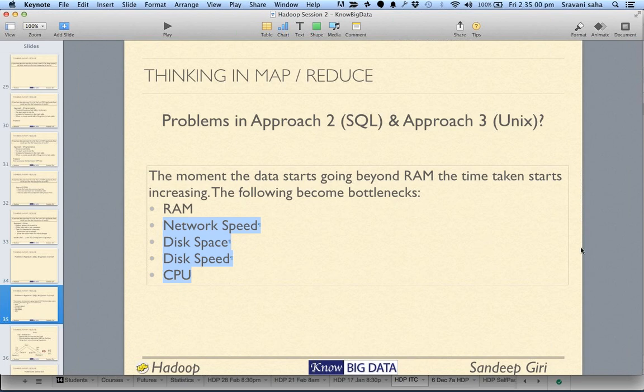So when we were not able to load everything into the RAM, we handed over the problem to the disk. And when we are trying to read so much data from the disk, the disk will take a lot of time.